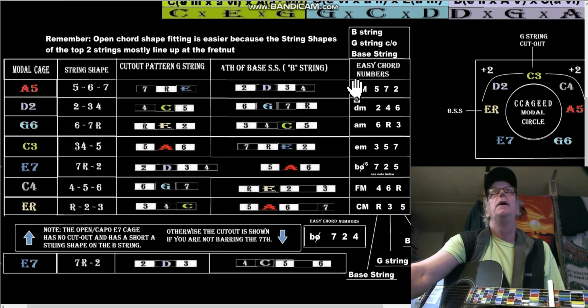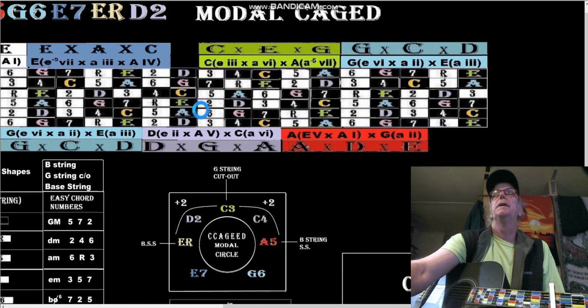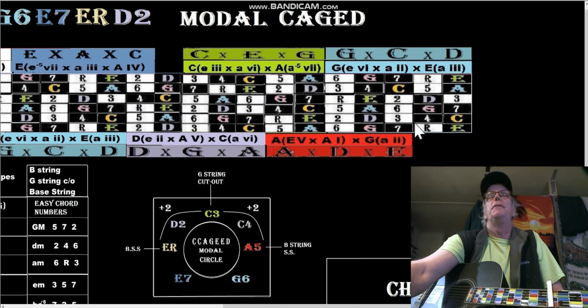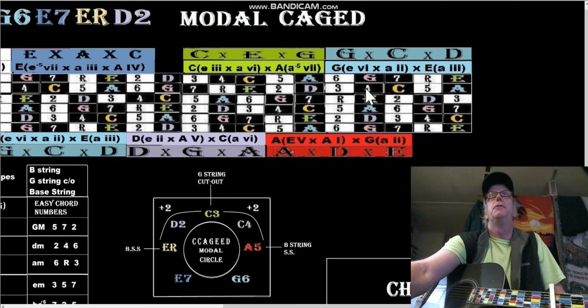But now, in that mixolydian box, 5, 6, 7, root 2, 3, 4, 5, 6, 7, root 2. Now 3, 4, 5 would take us out of this modal open string cage here. We want to go 7 root cut out to 2, 3, 4, 5, 6, 7. So we're going to be looking at the G major triad, 5, 7, and 2.